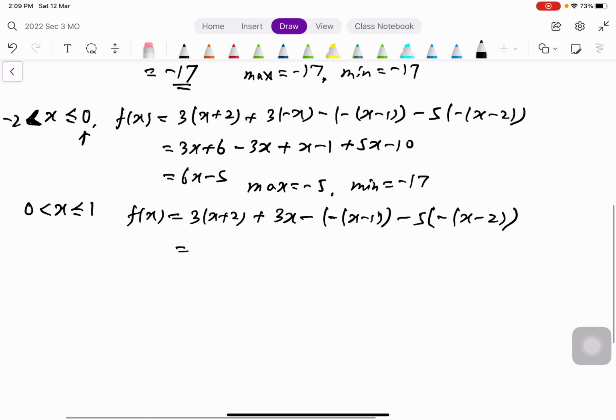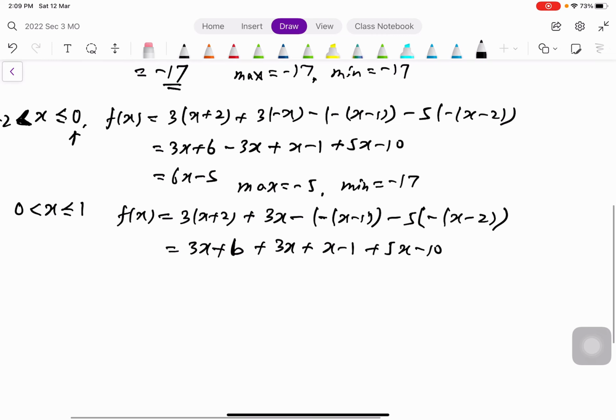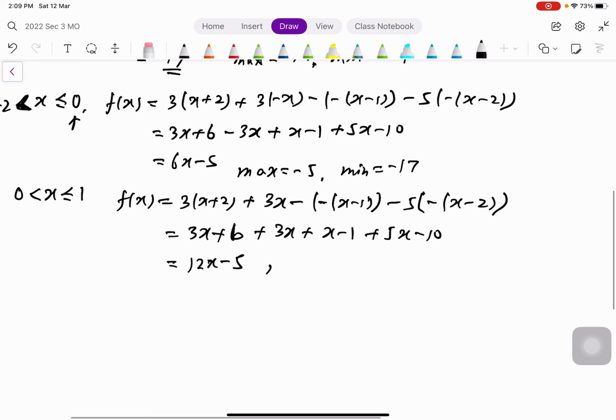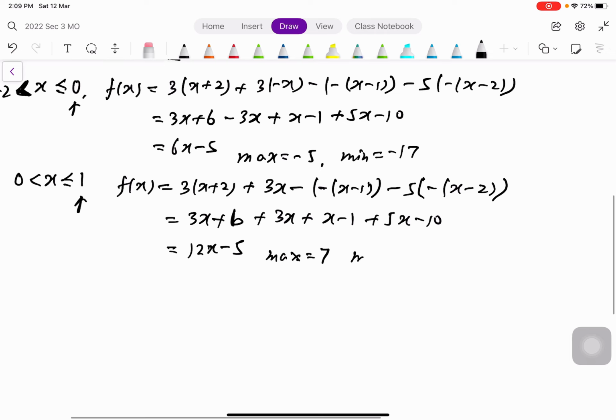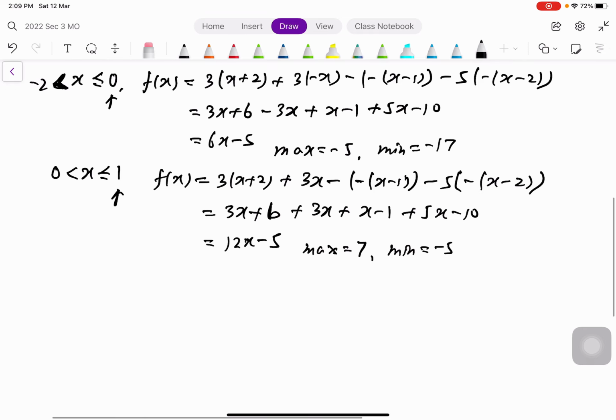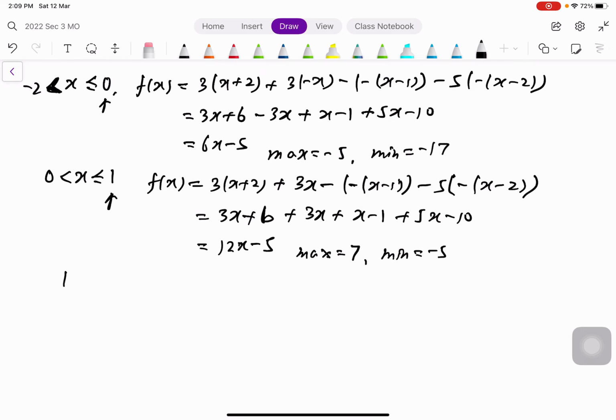Therefore you get 3x plus 6, and then plus 3x, and then plus x minus 1, and then plus 5x minus 10. What you get here is 12x minus 5. Therefore, the maximum occurs when x is equal to 1. In this case, the maximum will turn out to be 7, and the minimum turns out to be minus 5.